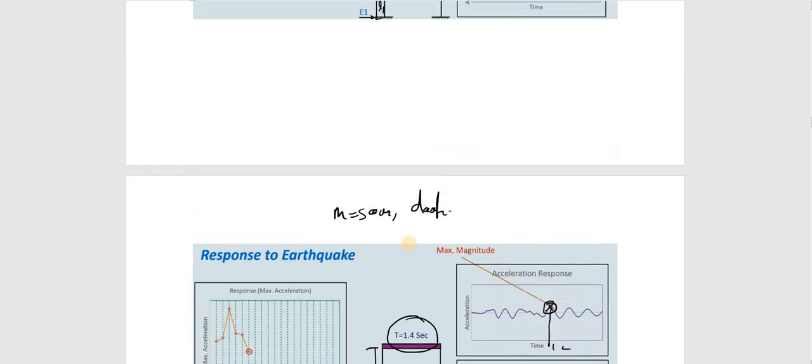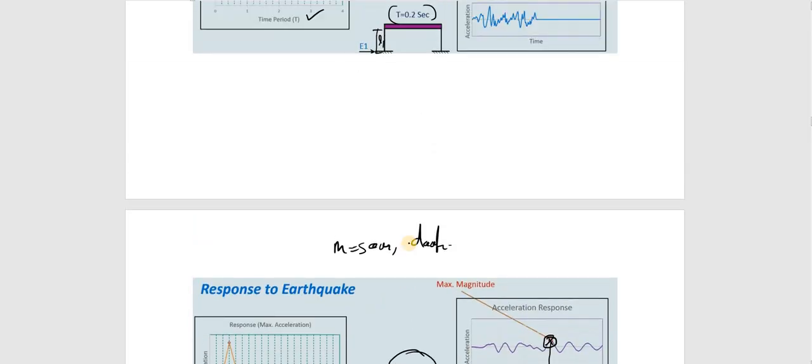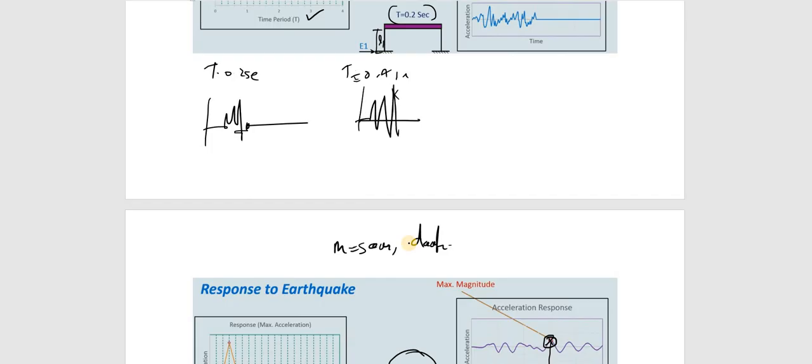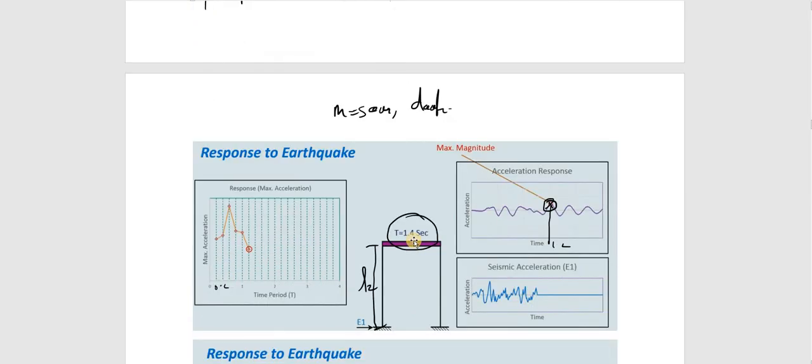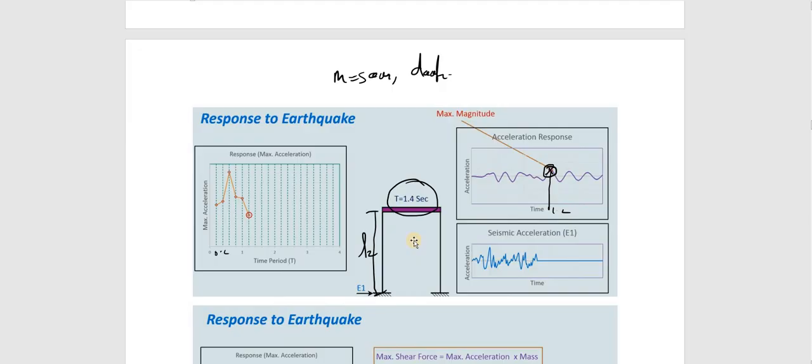For example, if I am drawing like this, for time period 0.2 seconds, I will be getting an acceleration curve like this. Then at 0.4 seconds, I will be getting another maximum like that. I will be getting a lot of points corresponding to the maximum, corresponding to the time period.